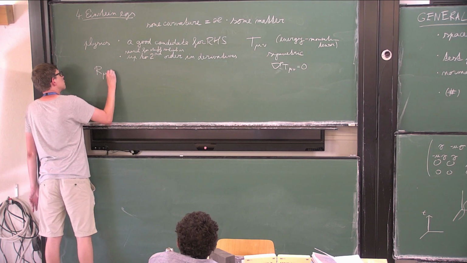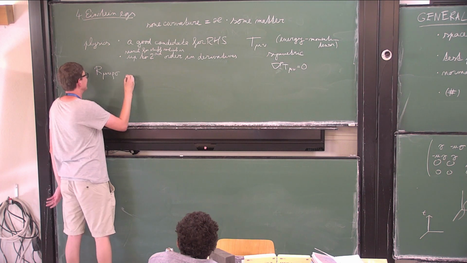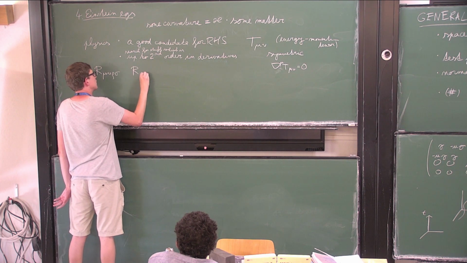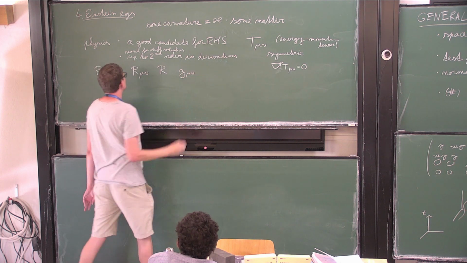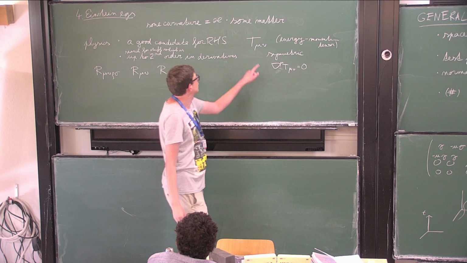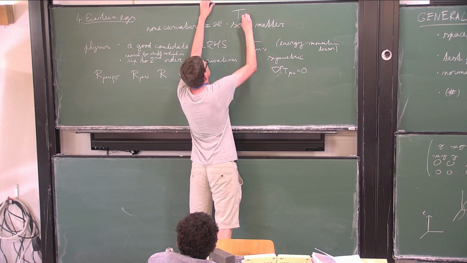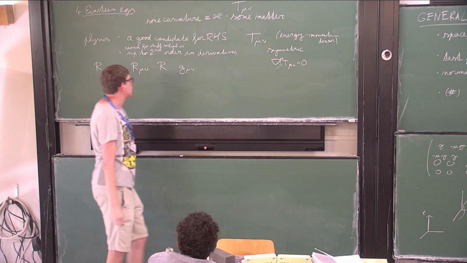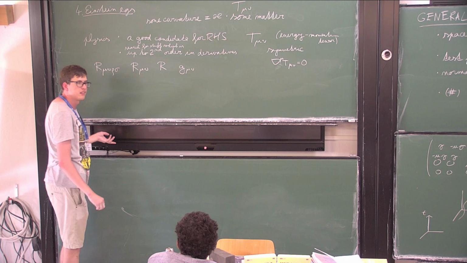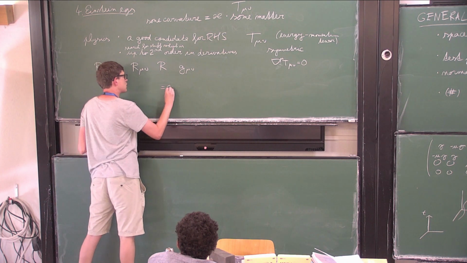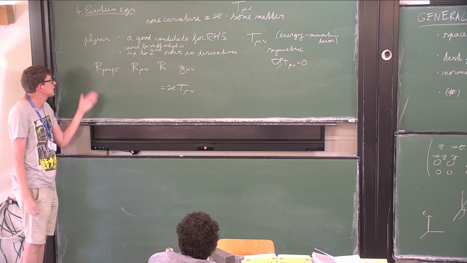Maybe any suggestions from people who've never seen this before? You have these three tensors. You also have the metric. What are the possible expressions that I can put in here, if on the right-hand side I put T mu nu? What can I put on the left?